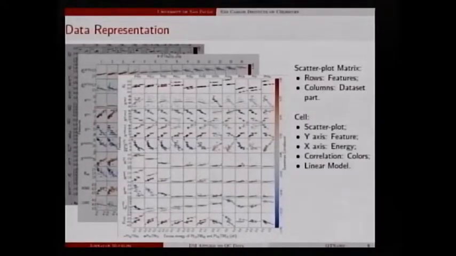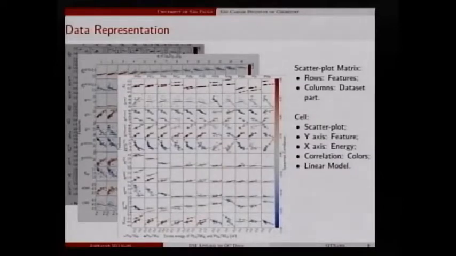To represent the analysis, basically what we did is present a scatter plot matrix. So for each row in the matrix, we present a filter, and y-axis. And for each column of the matrix, we present a part of the data set. In the first case, for example, we present the clusters of iron and palladium.